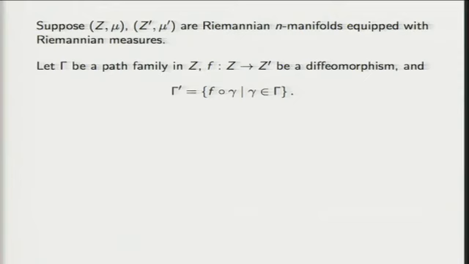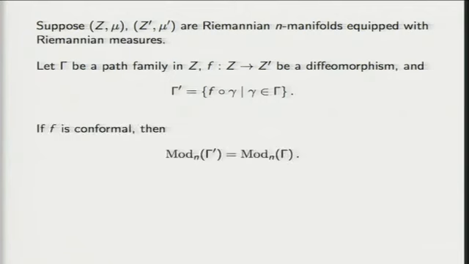If you take some path family in the domain, now you take a diffeomorphism from Z to Z prime, and then you look at the corresponding path family in Z prime.